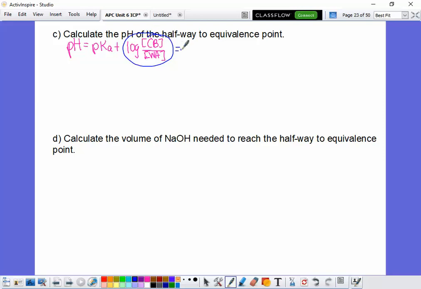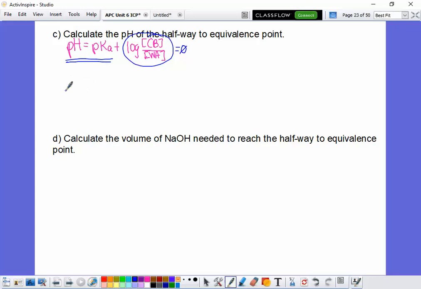It becomes 0. So therefore, pH equals pKa. At the halfway point, pH equals pKa. In the last lab we did, that's what you were doing. That's why you were able to use the pH to find the pKa, because you had equal concentrations of your weak acid and its conjugate. Okay? So pH equals pKa.